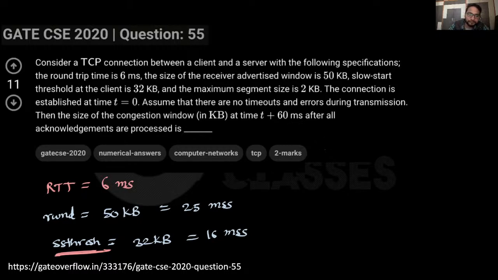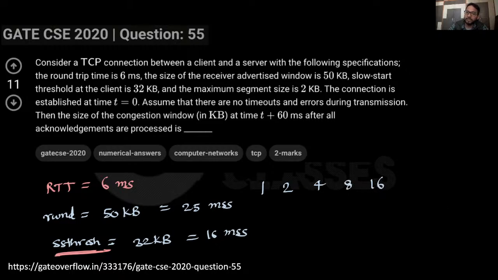Initially you will be in slow start, which is basically 1, and the threshold is 16, so you keep incrementing 1, 2, 4, 8 and 16. Now tell me, after 16 what will you be doing?